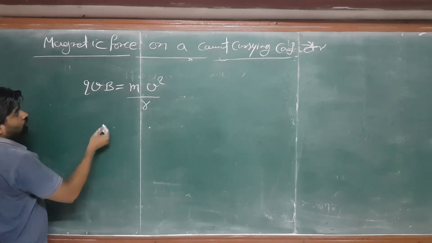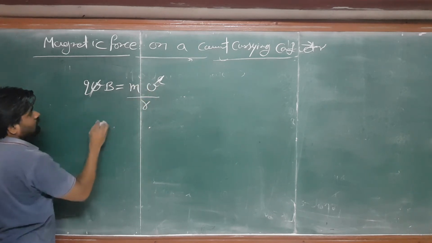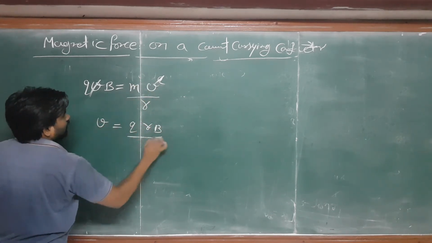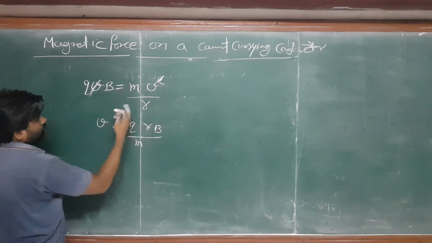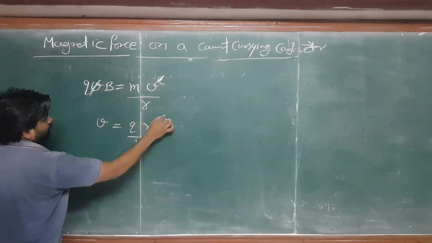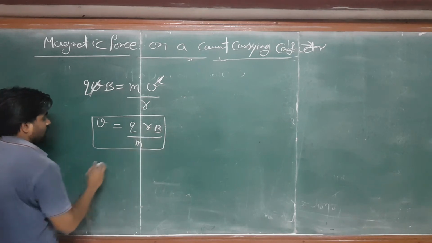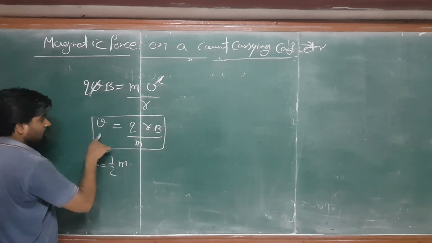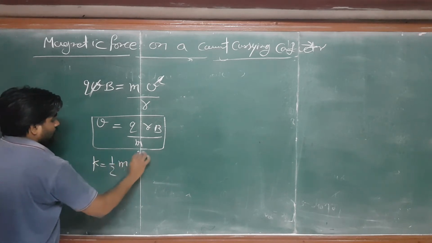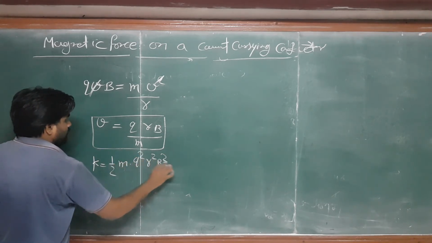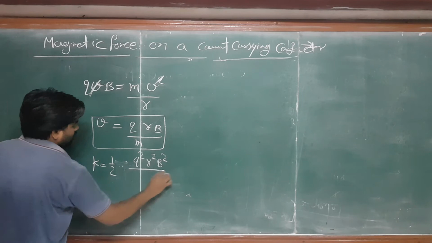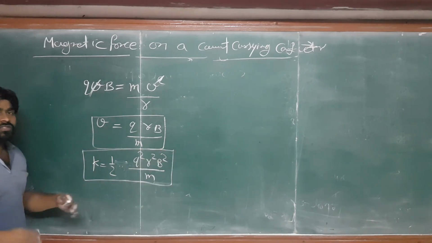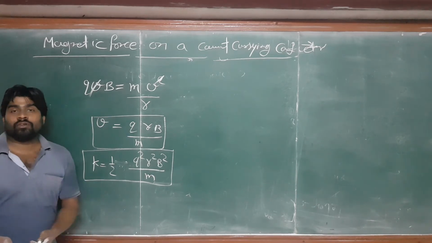So your velocity is equal to qrB by m. And its kinetic energy is equal to half m v square, so you can square it: q square r square B square by m square, so one m will cancel. The direction changes, but the kinetic energy and speed always remain the same.